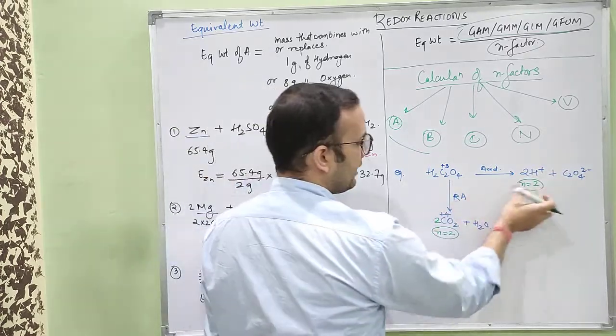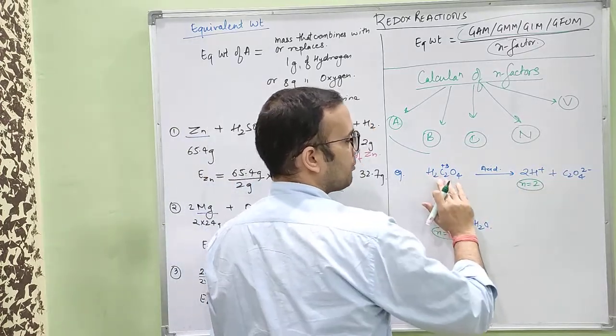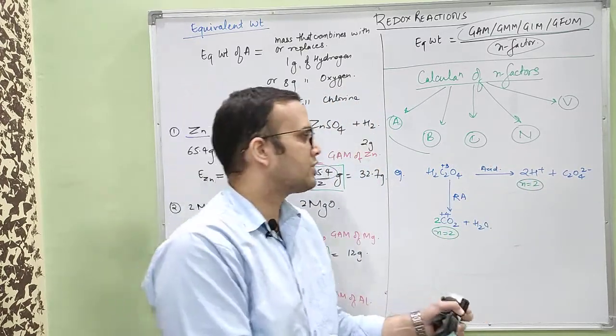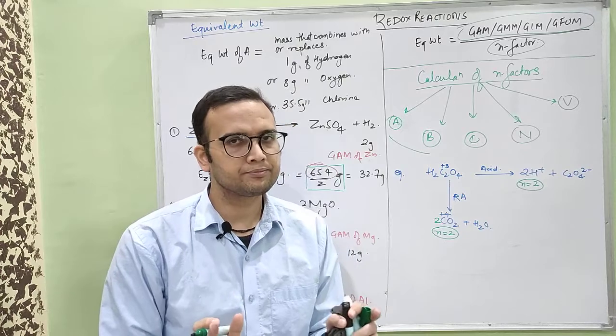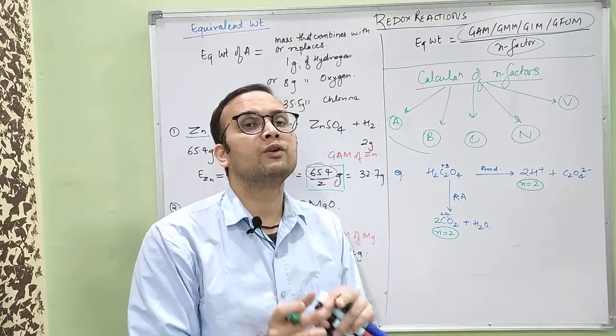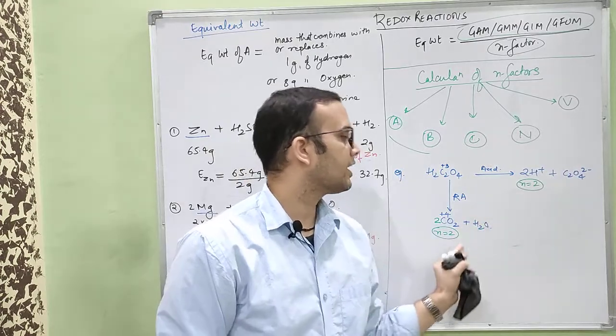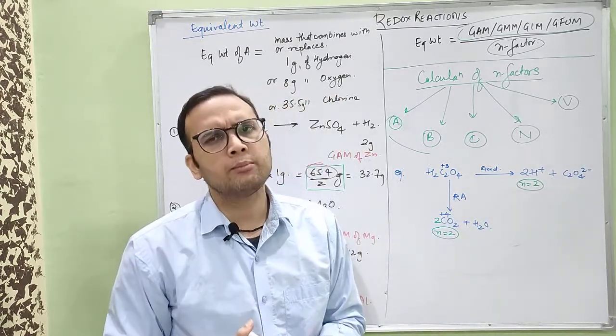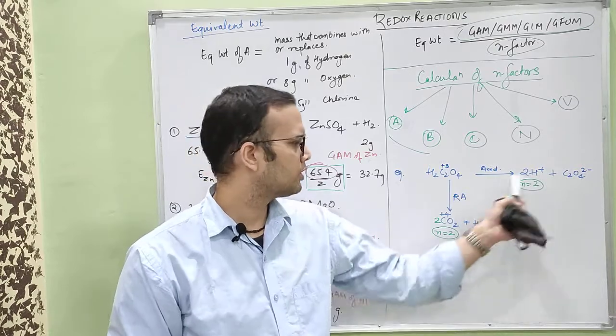So in both cases, the nature or behavior of H2C2O4 is different. That's why the method with which we are calculating its n factor is different. In this particular case, it came out to be the same, that is n equals 2 for both.